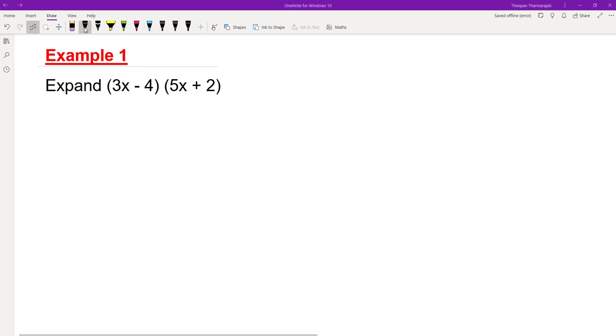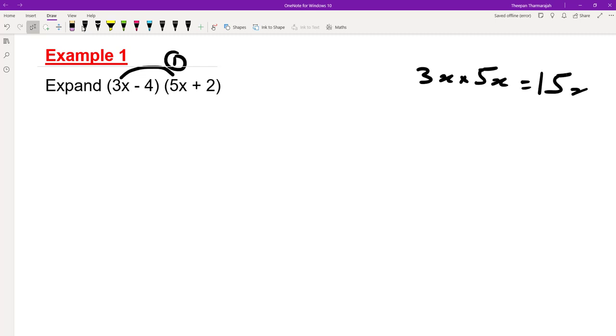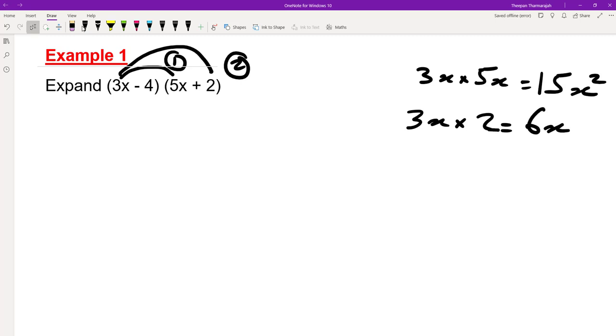Okay, welcome back. So what we're going to do is, first of all, do 3x times 5x as our first step. So 3x times 5x, that will give me 3 times 5 is 15, x times x is x squared. Then our second step is 3x times 2, like so, that will give me 6x.